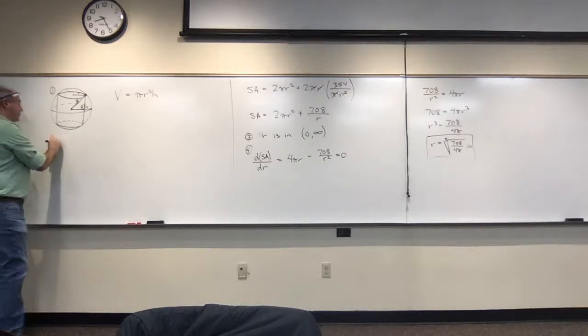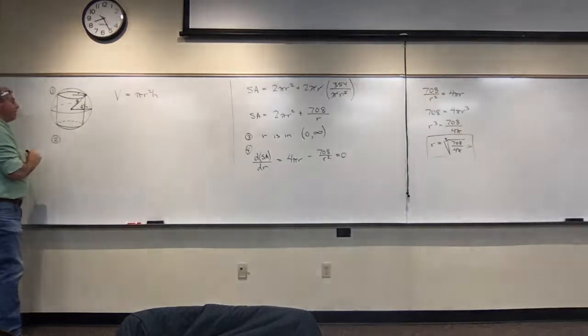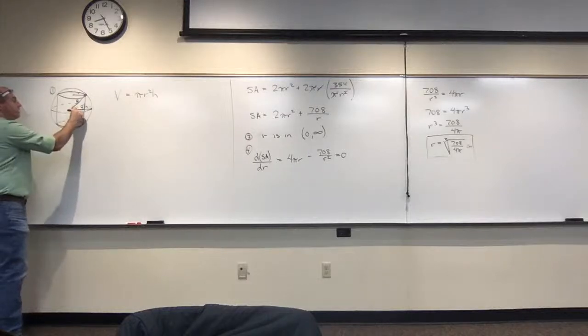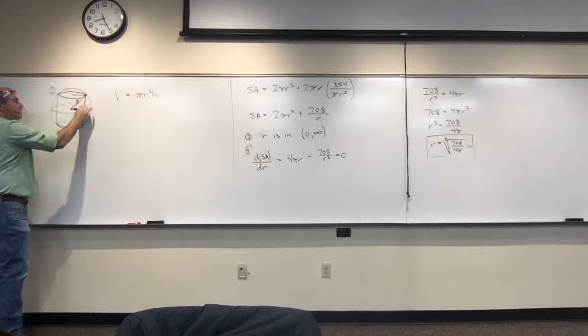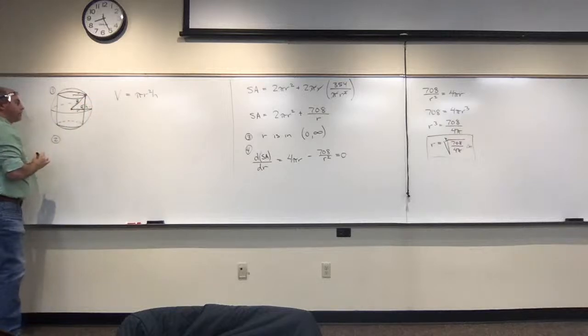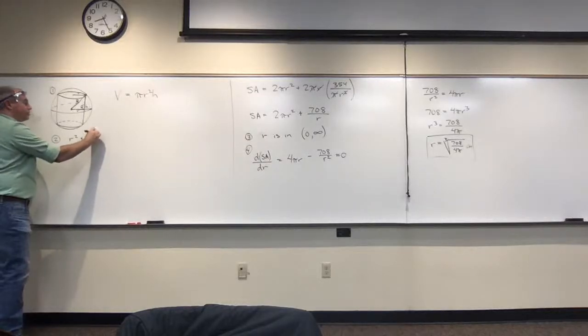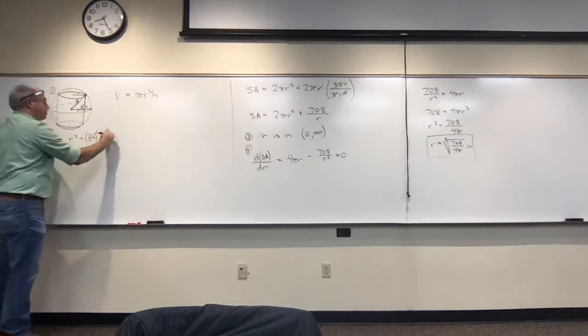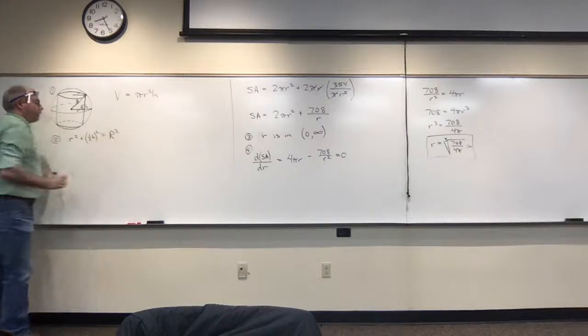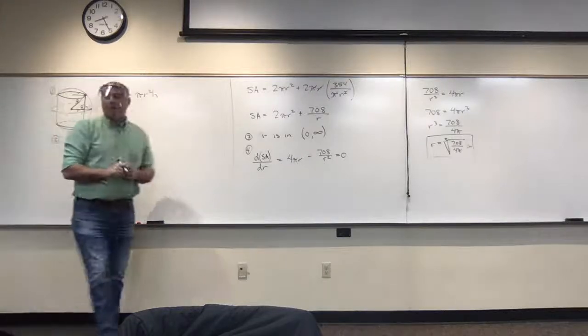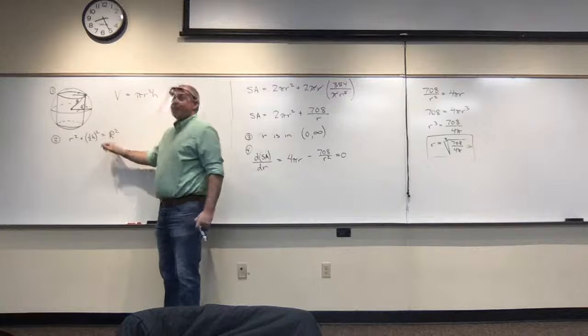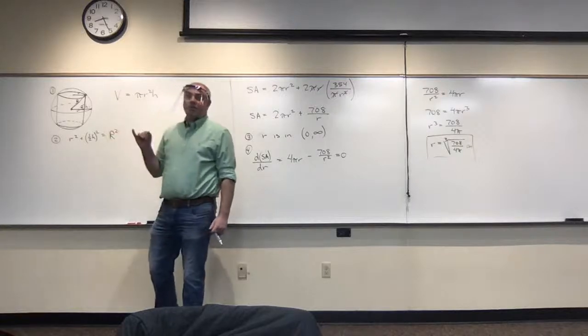So my extra information that I'm looking for in this case is this is a little r, this is, what is this distance? 1/2 h. Half of an h. So I've got that r, little r squared plus half of an h squared is equal to capital R squared. And it's important to remember capital R is just some number. It's not a variable.